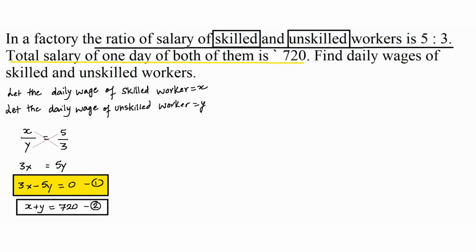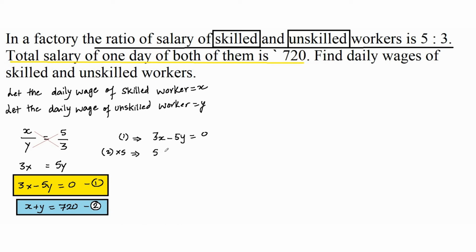So I can easily use the elimination method. Let me decide to eliminate y. So let me write the first equation as it is: 3x minus 5y is equal to 0. And this is the first equation. And let me take the second equation and multiply it by 5.